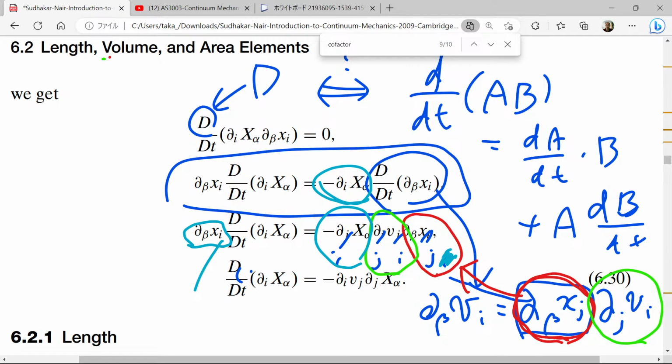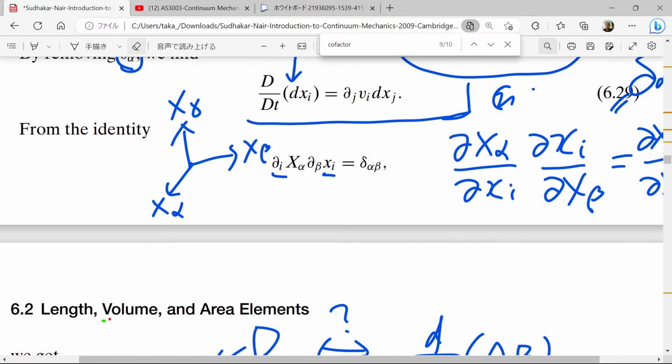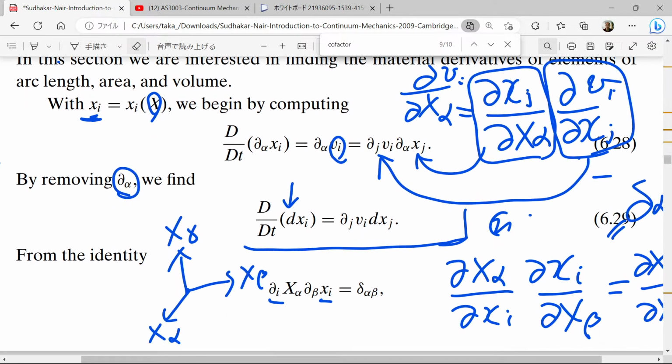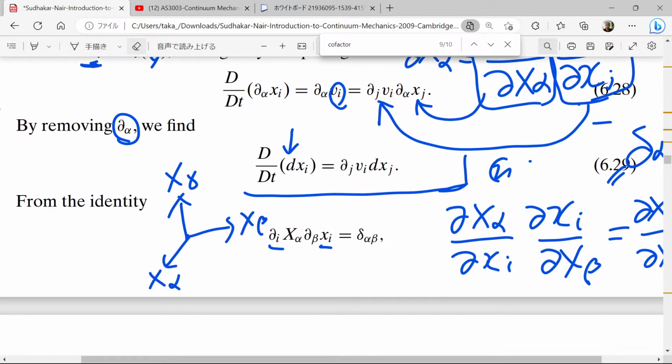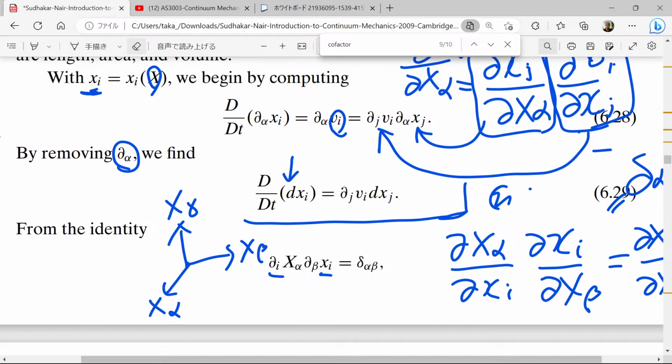But what they say, I think, is two things or three things. j v_i partial alpha x_j.